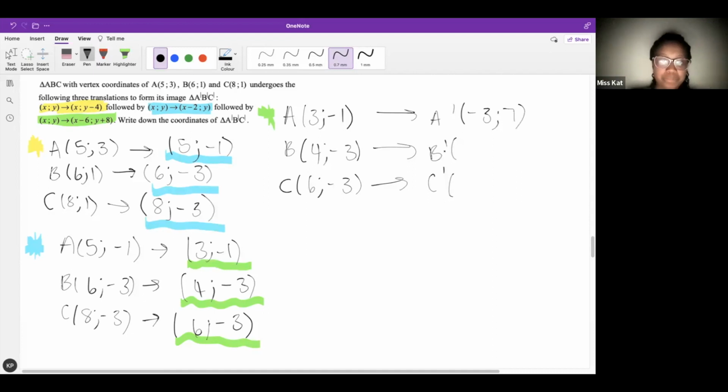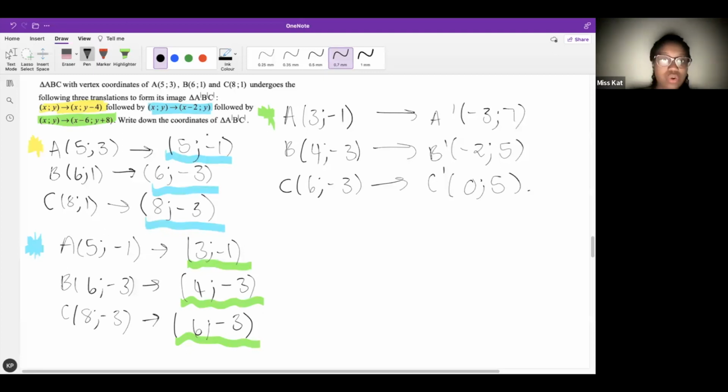We have 4 minus 6 would be -2. And -3 plus 8 would be 5. Okay, and the last one, we have 6 minus 6, which is a 0. And -3 plus 8 is 5.